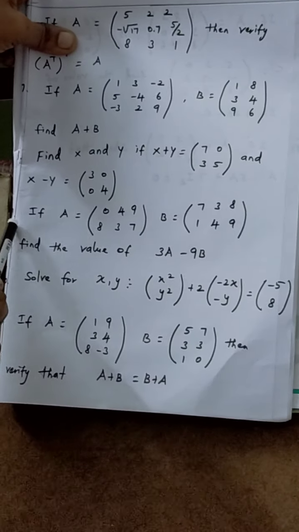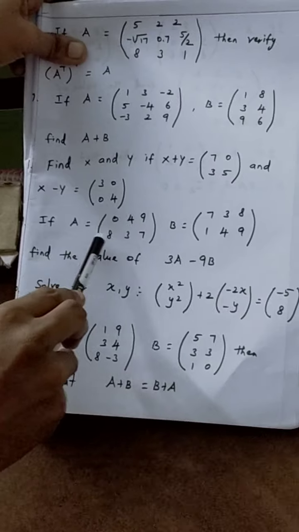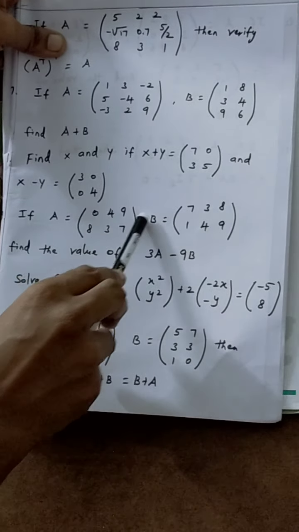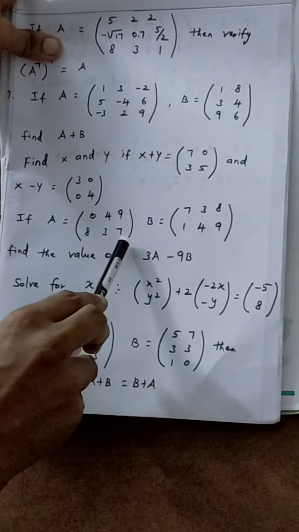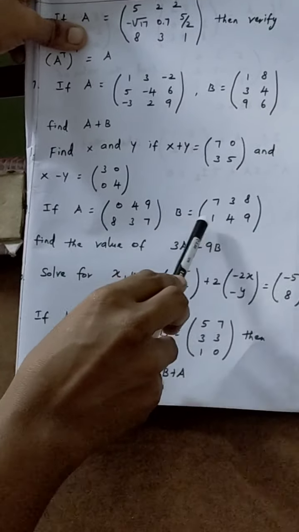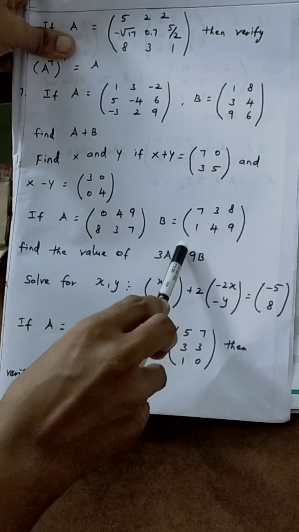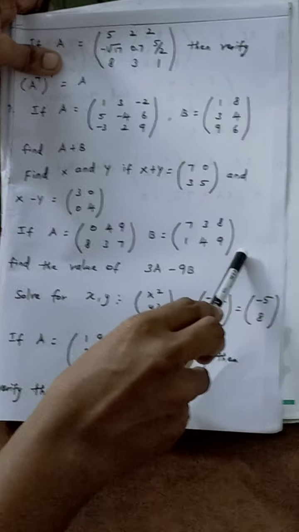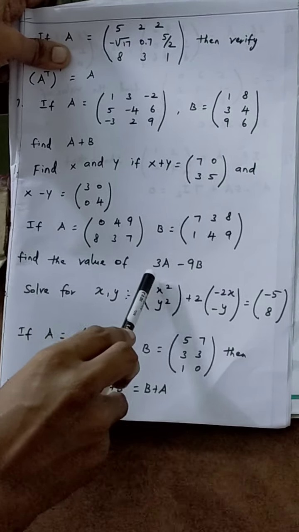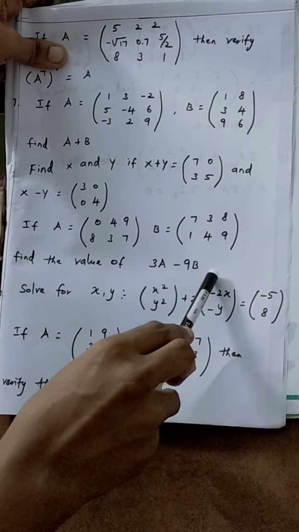The ninth question, if A equal to, within bracket, 0, 4, 9, second row 8, 3, 7, then B equal to, first row 7, 3, 8, second row 1, 4, 9, find the value of 3A minus 9B.